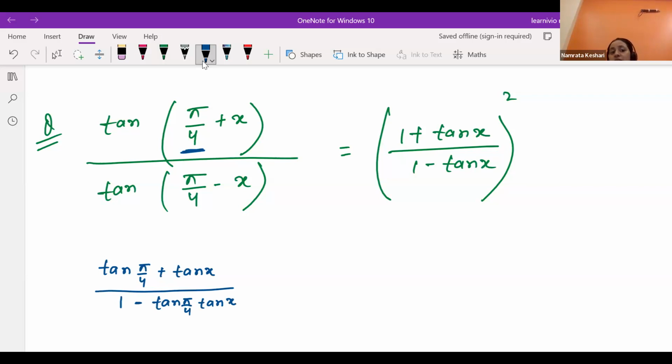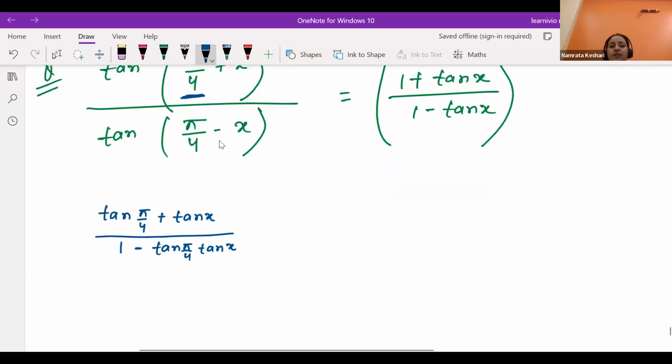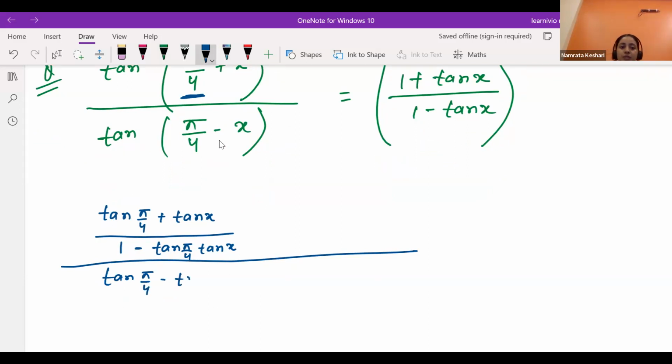This is just the numerator's part. Any confusion? Ali and Alina, any confusion? Let's continue. And tan(a - b) is tan a minus tan b, by 1 plus tan a tan b.